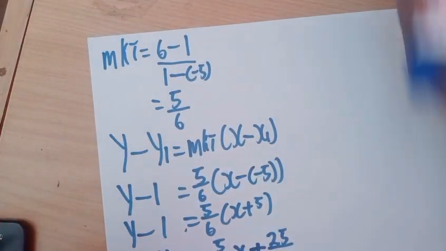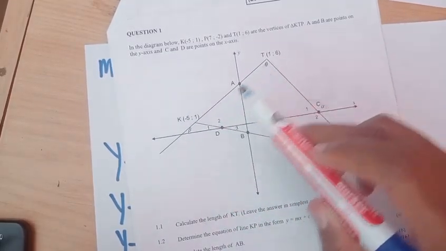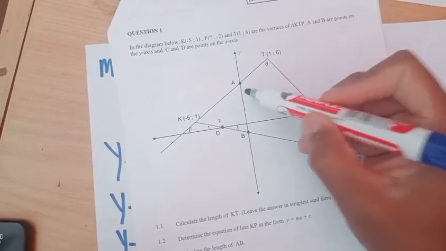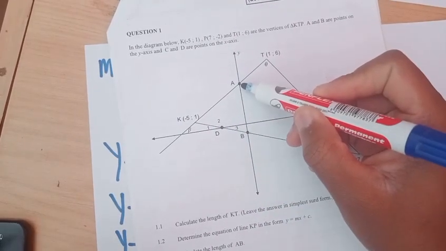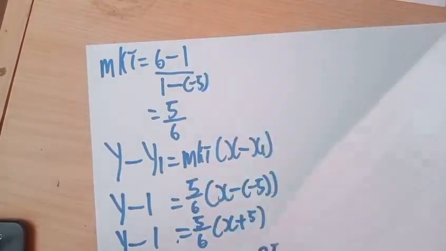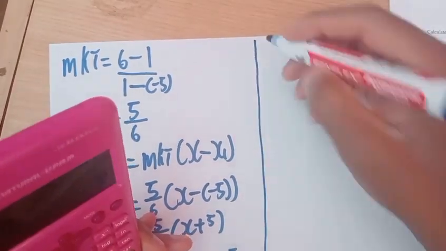So to get coordinate A, we now have the straight line of KT. We have the equation. So to get the coordinate of A, you substitute 0 here. Why do you substitute 0? Because it is the y-intercept.